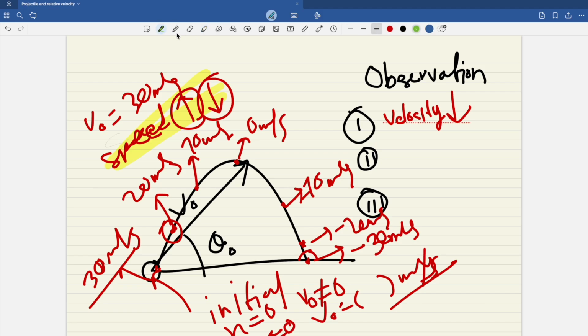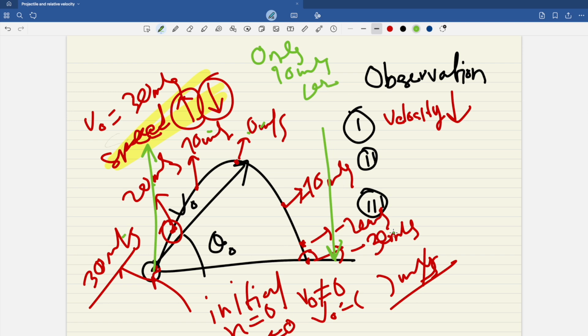So the speed is increasing when it's getting downwards, but the speed is decreasing when it's getting upwards. If I consider the speed to be 30 meter per second, 20 meter per second, 10 meter per second, 0 meter per second, then since speed is not a vector quantity, we will not consider the minus over here, so it will be written as 0 meter per second, 10 meter per second, 20 meter per second.